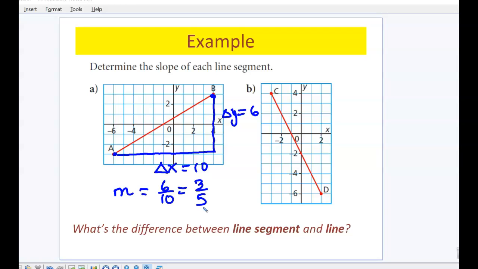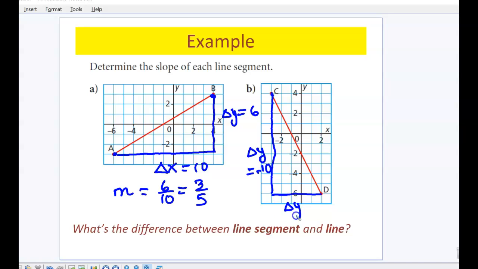Now, to figure out the slope of line segment CD, again, we could use the endpoints. So my change in y for this line segment, I'm going from 4 down to -6, and I'm going down. So therefore, it's -10. And my run is going from -3 all the way to 2.